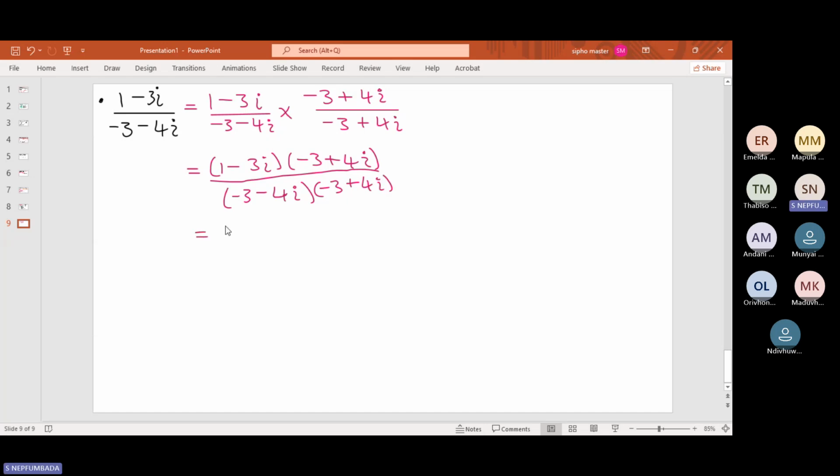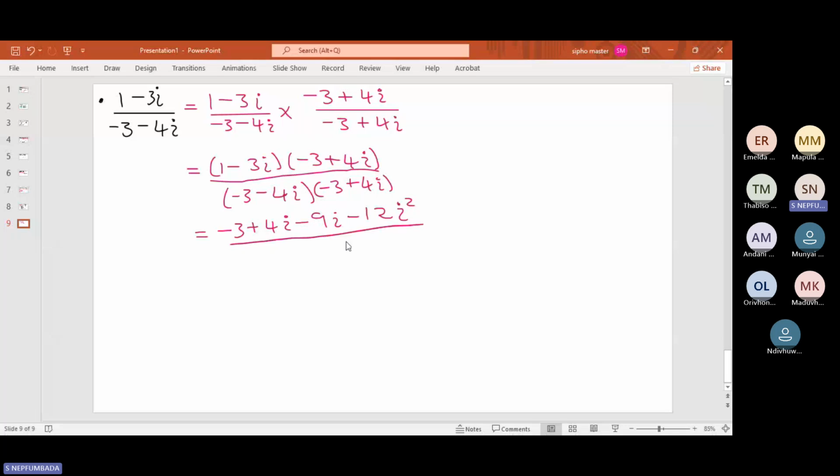Therefore, this is nothing but 1 times minus 3 is minus 3, 1 times 4i is plus 4i, then minus 3i times minus 3 is 9i. Therefore, minus 3i times 4i is minus 12i squared.